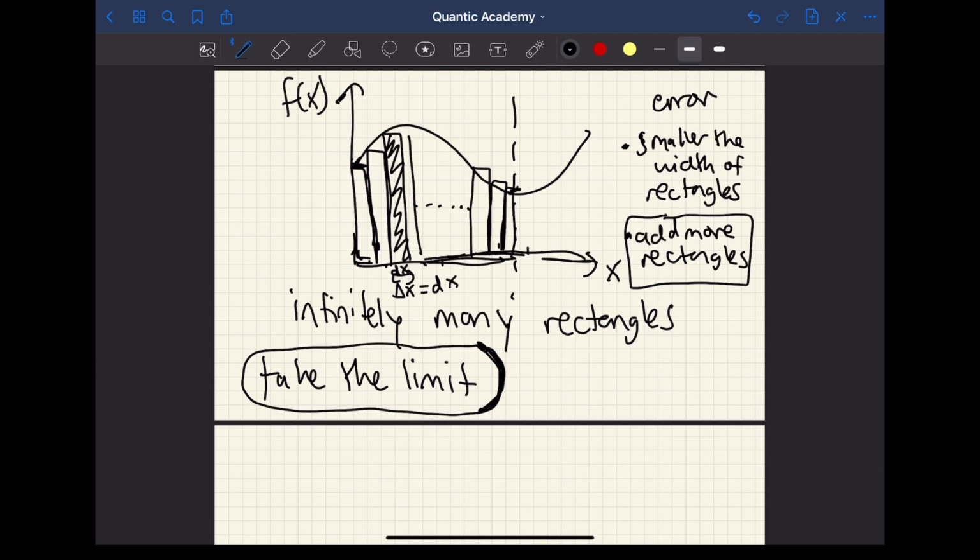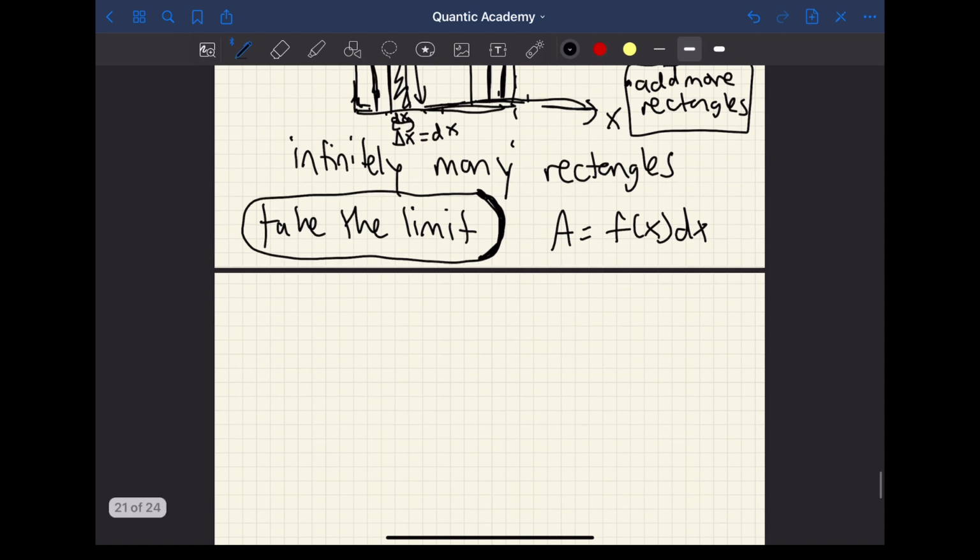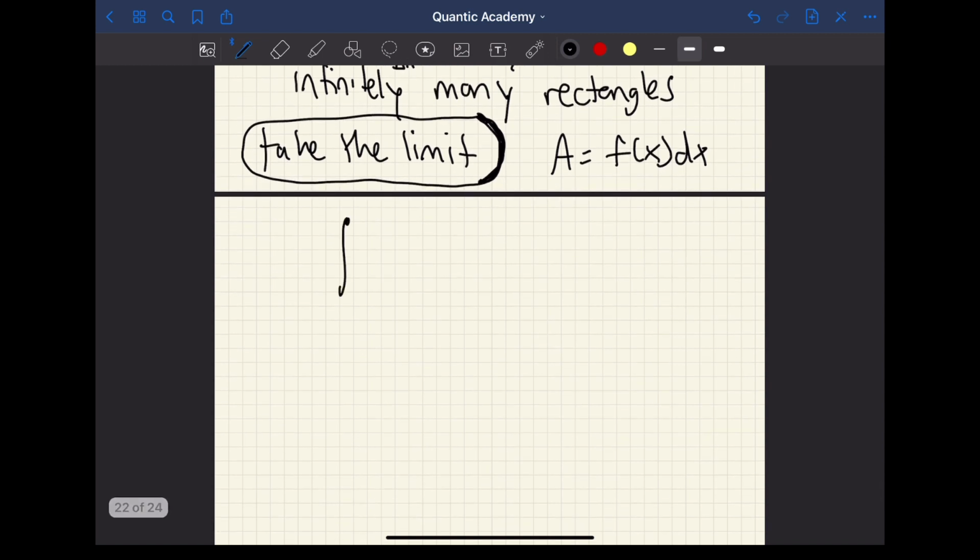What's the height? Well, I made it so that the rectangles touch the graph, okay? So the height would just be the value of the graph at that point. It would be f of x. Okay, so the area of each rectangle is f of x times dx. And the area of all the rectangles, hence the area under the curve, would be the sum of all f of x times dx, the sum of all the tiny little areas.